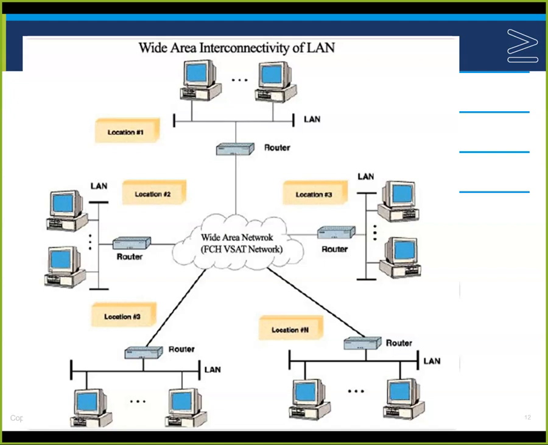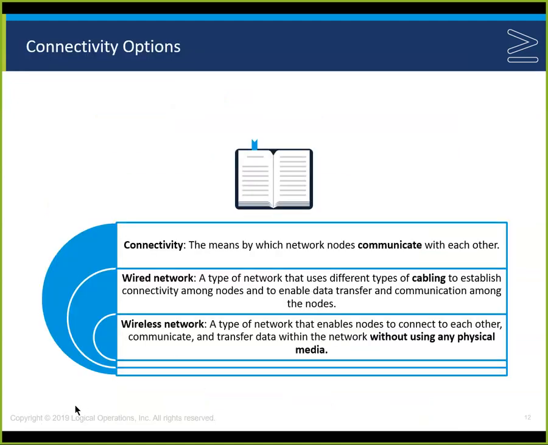There's an interesting article I saw the other day that IBM's cloud network got taken down because somebody had hacked into the routing tables and sent bad routes, so that they could not get from one location to the other. So lots of things have to be taken into account and managed when we're doing the networking of the devices themselves. The connectivity options, and then the connectivity, one node can communicate with the other.